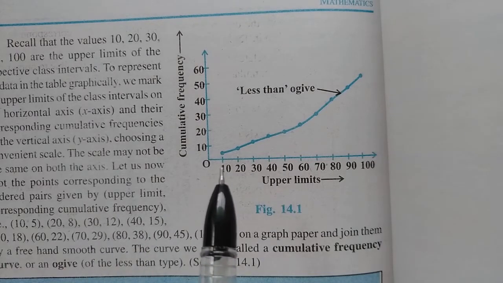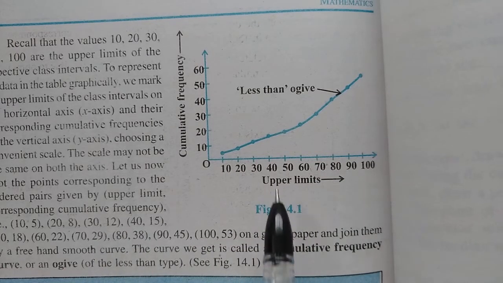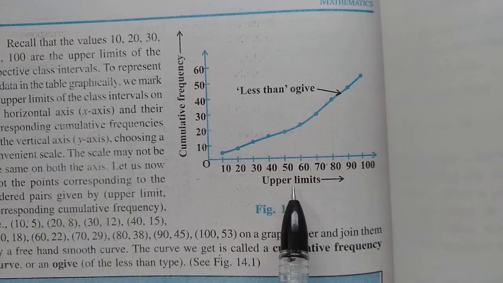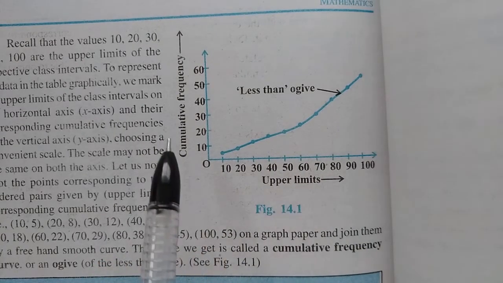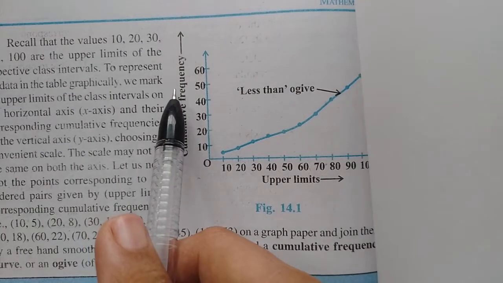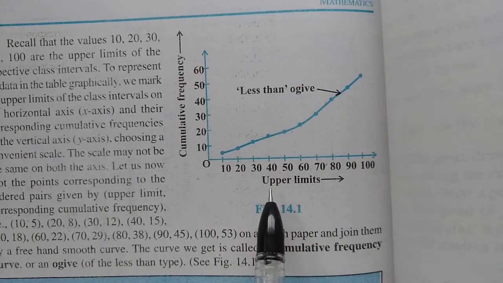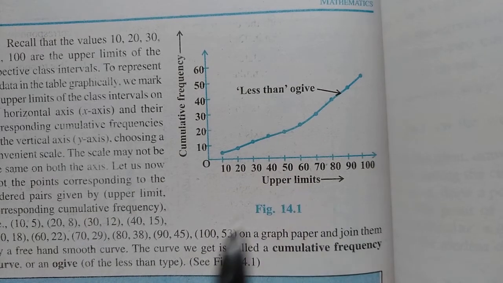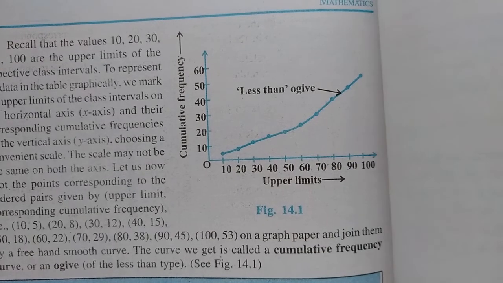Now children, here this graph, this is cumulative frequency, this is upper limits, x-axis, y-axis. On y-axis you have to take cumulative frequency, on x-axis you have to take upper limits. Now upper limits and lower limits, let us understand from the table.